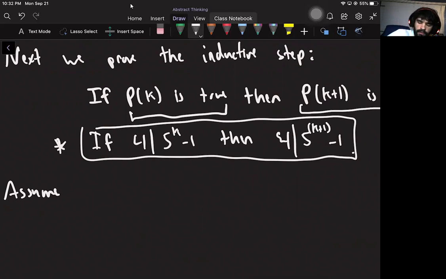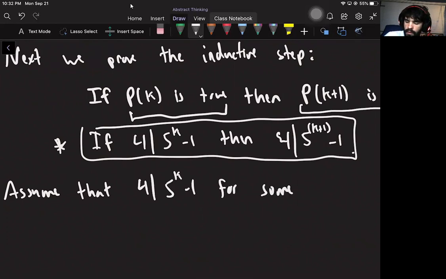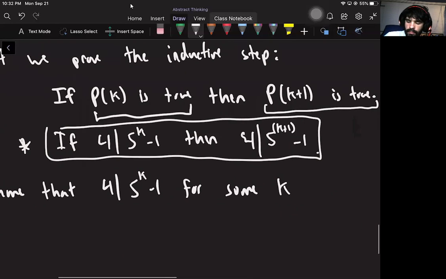Okay, so we're going to assume that 4 divides 5^k - 1 for some k. So k is one of those numbers in this list.